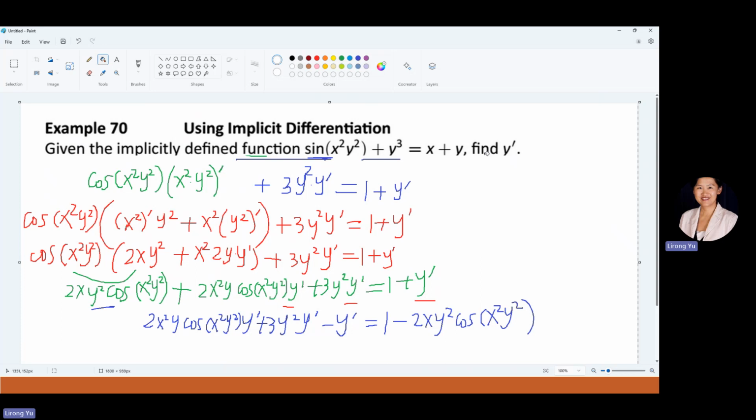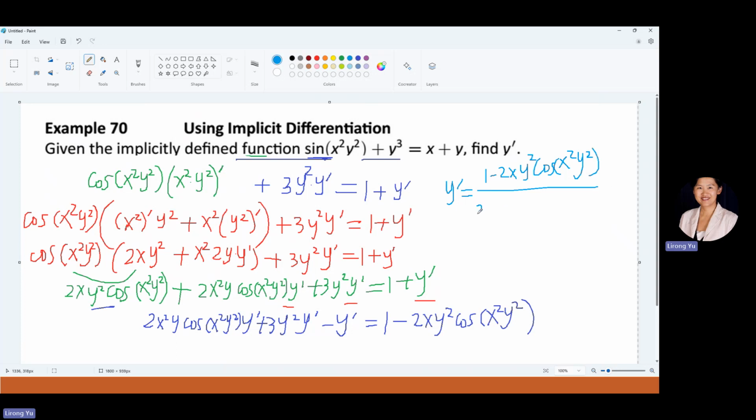All right, so finally, once you get y prime by itself, it's going to look like this: y prime is equal to 1 minus 2xy squared cosine x squared y squared. That was all the terms on the right.